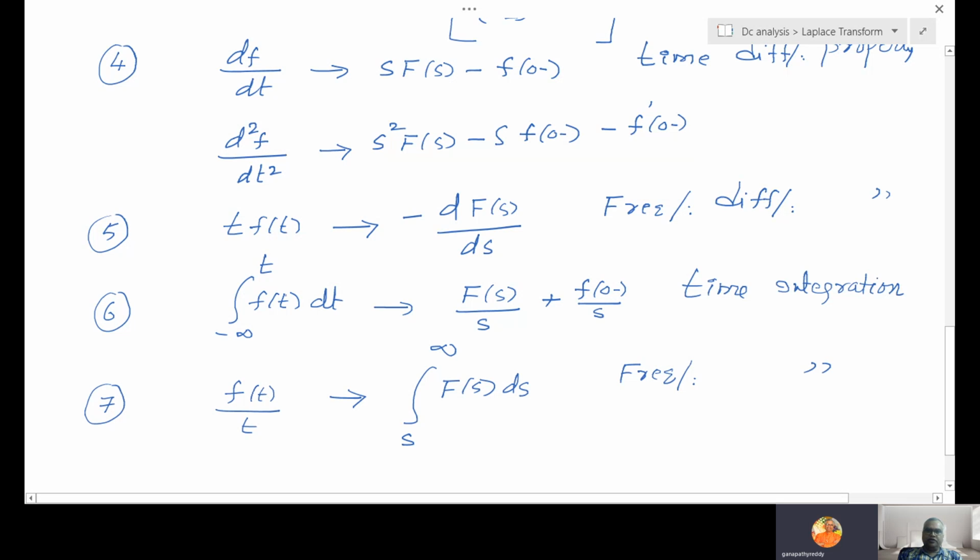Here, time integration. So if you observe these two, here f of t multiplied with t gives frequency differentiation with negative sign. Here f of t divided with t gives frequency domain integrated.